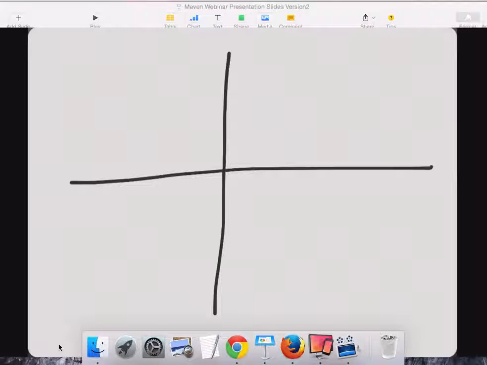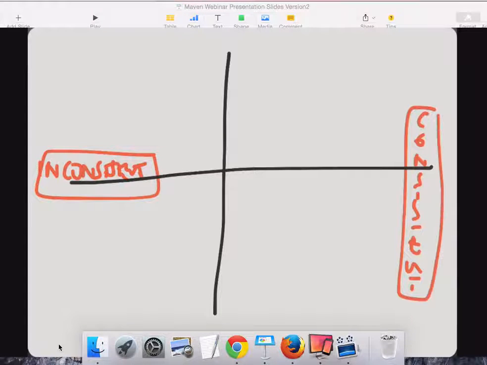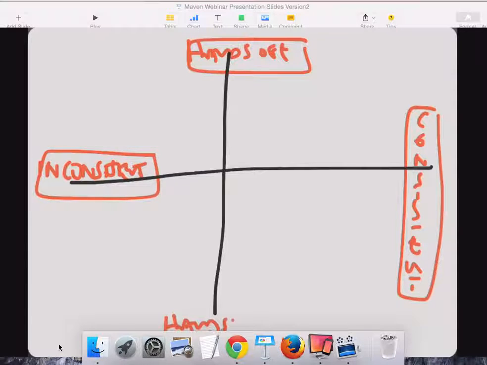The way they approach their client systems, they're either inconsistent down this end, or they're consistent down that end, or they're very hands off, so it's done for me, or they're very hands on.